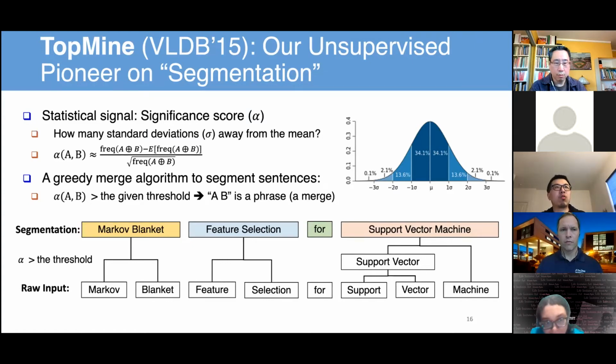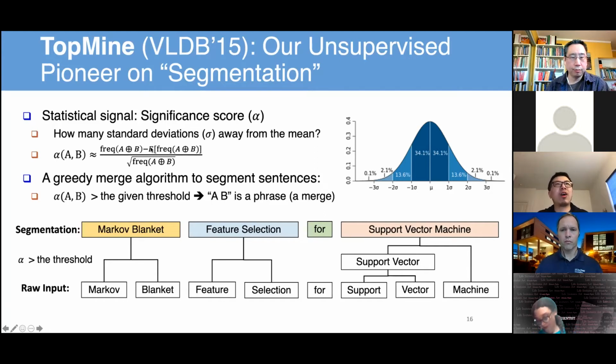So if we describe the phrase in this way, the event is how likely these few words will get together, and you can calculate how likely it is beyond the expected amount. When we assume all these unigrams are generated independently, generating words linearly proportional to their frequency, we can approximate the significance score alpha by this formula.